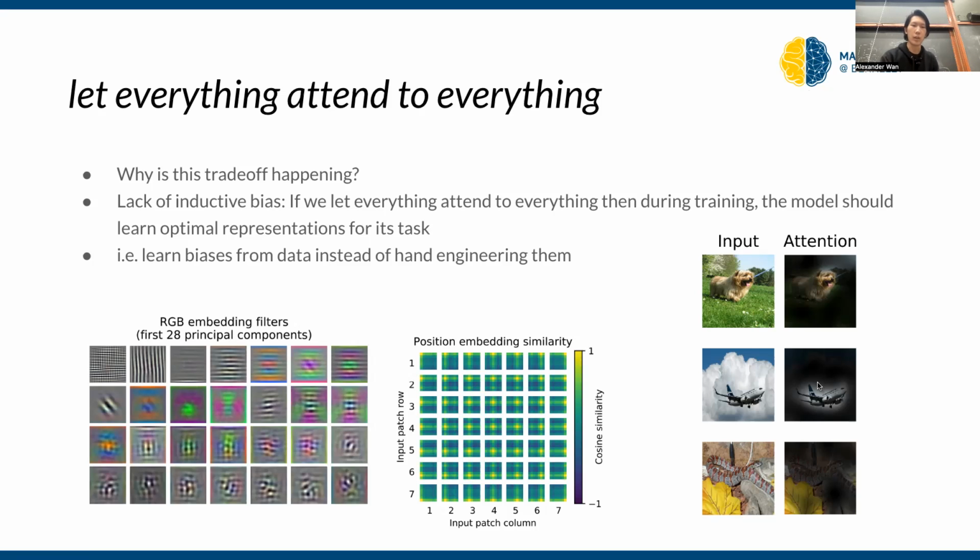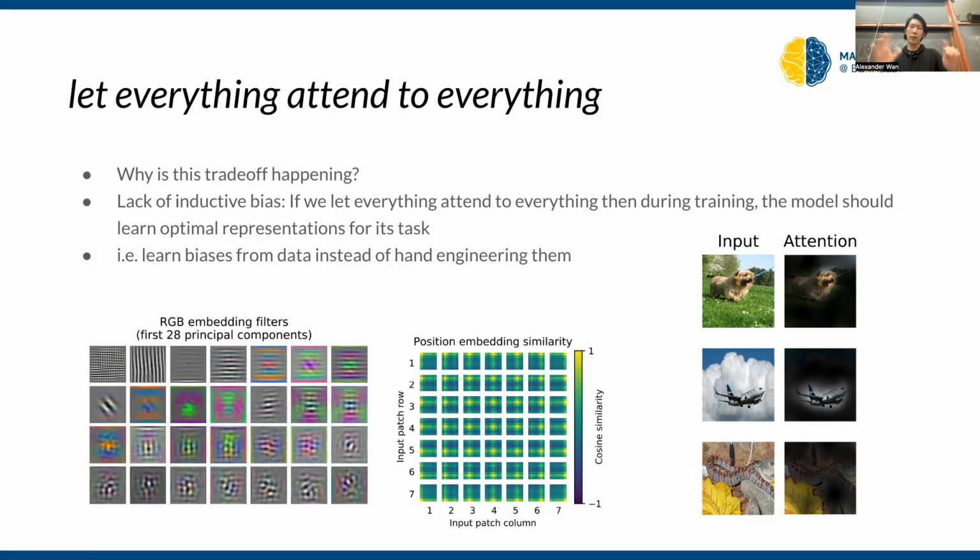I'm not too sure where this is from, but you can see that some of the representations it has encode lines and textures, which you might recall are similar to ones learned by CNNs, which is pretty cool.